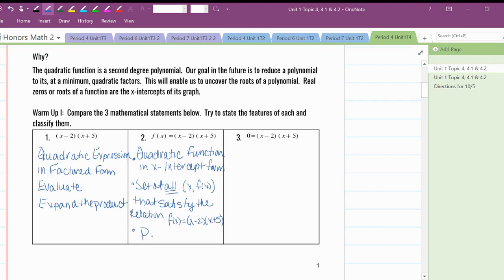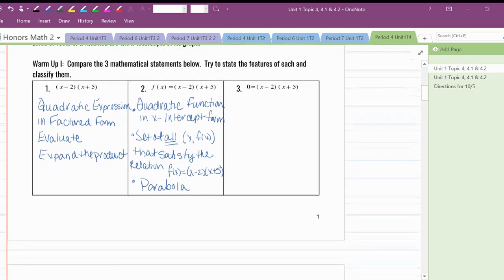The picture of this is a parabola. And with or without the graph, we could identify key features of the graph and of our function.